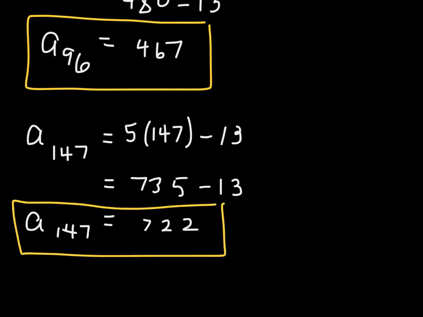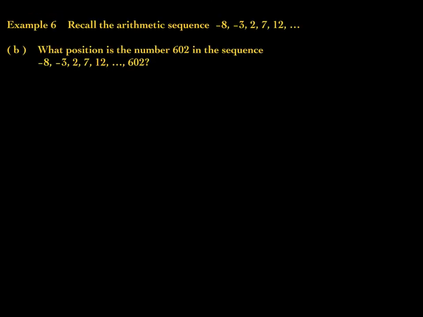All right, now let's go to another question about this same sequence. The question now is, what position is the number 602 in this sequence? Now, the position that a number or a term has in the sequence is the n value.